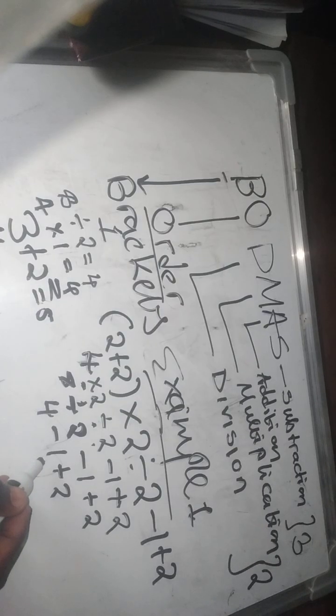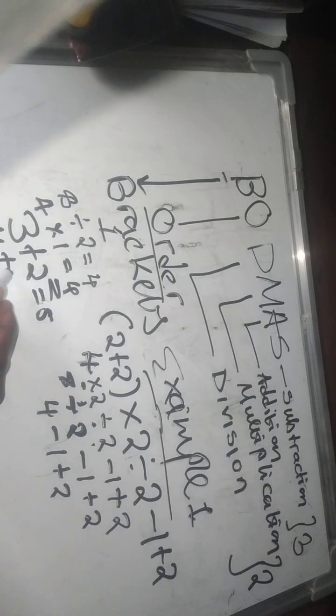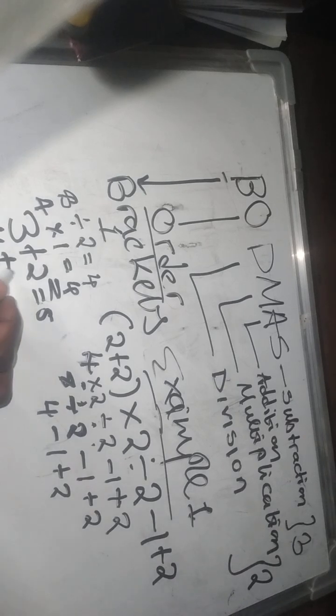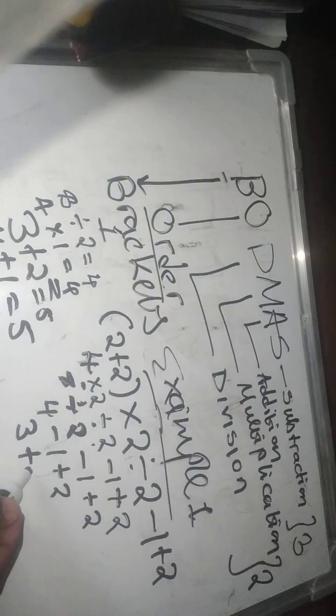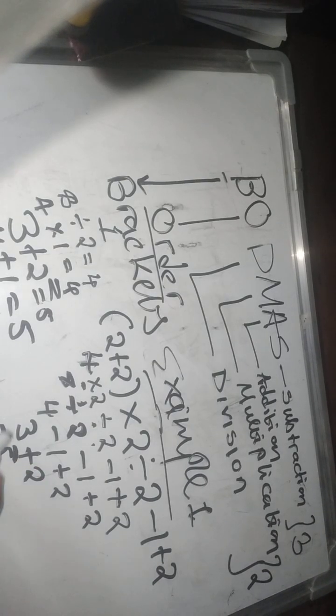Of course, since the smaller number is negative and the bigger number is positive, the answer is going to be positive. So 2 minus 1, we get 1, which makes 5. Even here we can say 3 plus 2, and we are getting 5.